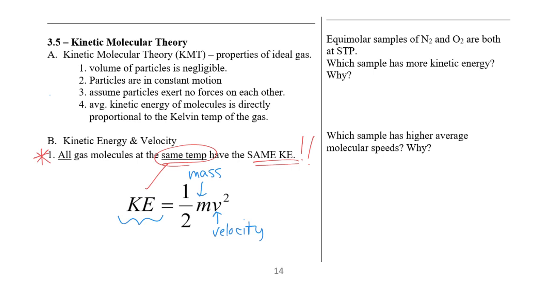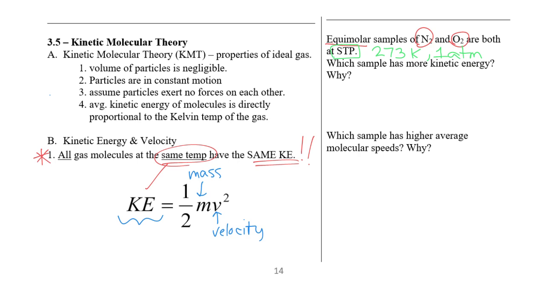So over here on the right, it says equal amounts of moles of N2 and O2 are both at STP. Let's remember, first of all, that STP, standard temperature and pressure, is 273 Kelvin and 1 atmosphere of pressure.